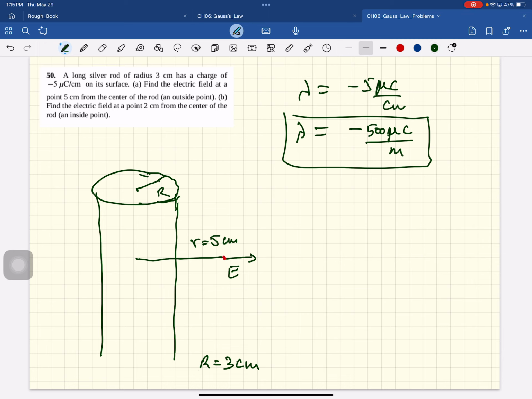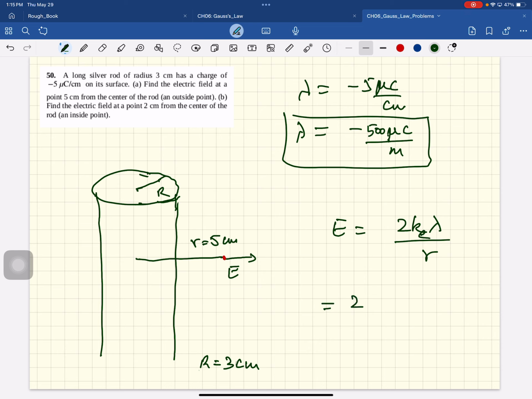And we'll lean on the result that we saw too. 2k lambda over R. K is the Coulomb's constant.